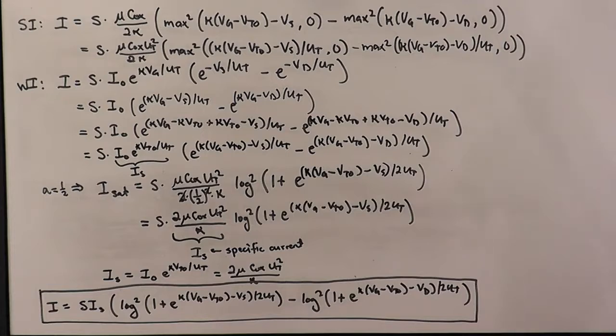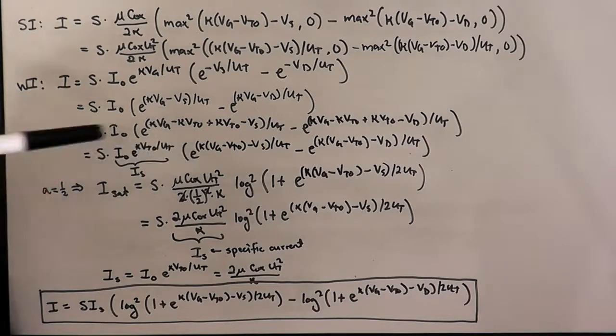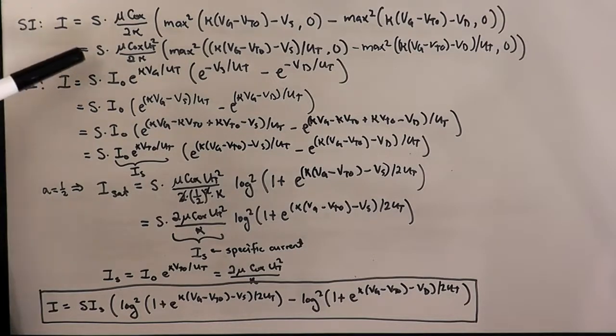So this model is an interpolation model that goes smoothly from the exponential form, which is our weak inversion model, to our square law model, which is our strong inversion model, and does so continuously in between. And it turns out that this model does a very nice job. I'll show you some slides now.